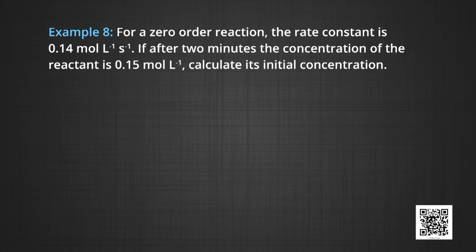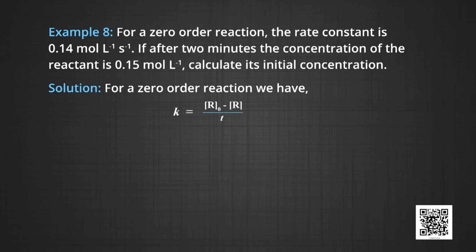Another example based on zero order reaction. The question is, for a zero order reaction, the rate constant is 0.14 moles per liter per second. If after 2 minutes, the concentration of the reactant is 0.15 moles per liter, calculate its initial concentration.